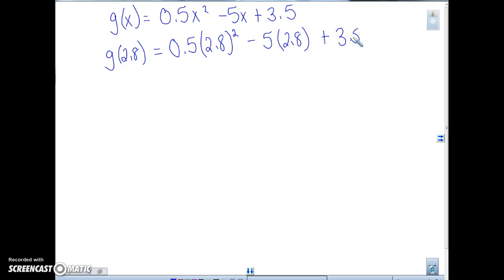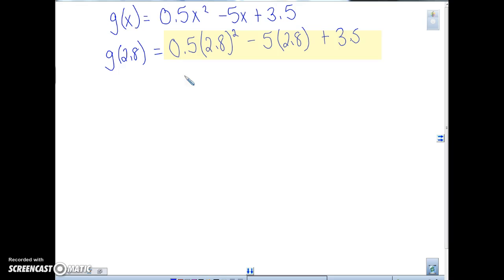Now, since you guys are Algebra 2 students, I'm hoping that you're to the point where you could type this entire thing into one of the graphing calculators or one of the blue calculators on the stand and get your answer. If not, keep using your order of operations and you will eventually get there. So you should type in 0.5 parenthesis 2.8 squared minus 5 parenthesis 2.8 parenthesis plus 3.5.